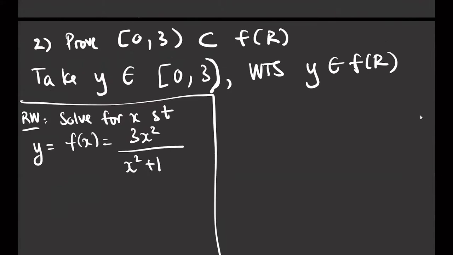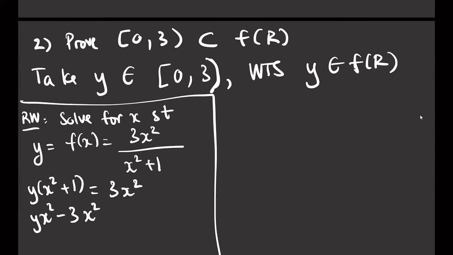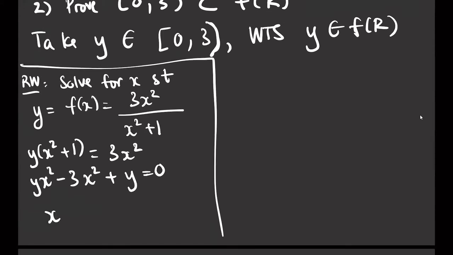So in my rough work, I'm actually solving for x. I multiply x squared plus 1 to both sides, and I move 3x squared to the left, and I factor x squared out.